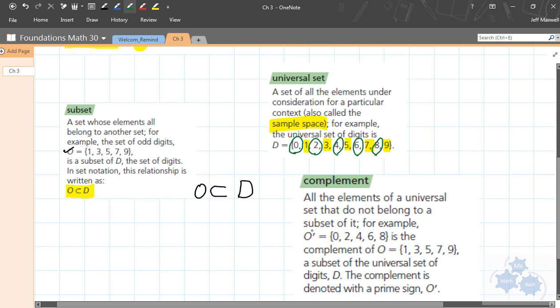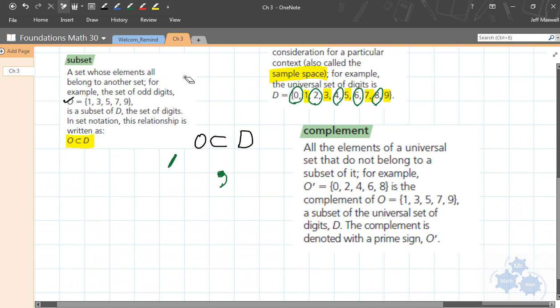This little tick mark is a prime symbol. It's not an apostrophe. It's the same sort of symbol you would use for feet. We use it a lot in calculus. That symbol means everything that is not O. Okay, the complement.